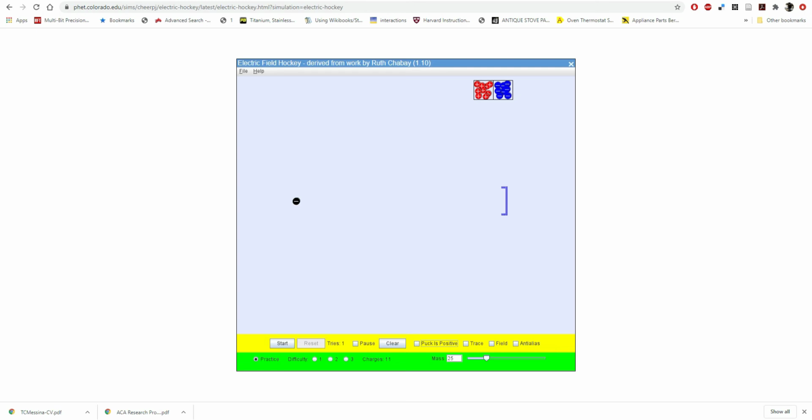I'm going to place these negative charges, and I'm going to put 5 of them here, just to approximate what's in the problem. I think that was 5. And then I'm going to place 6 positive charges down here.